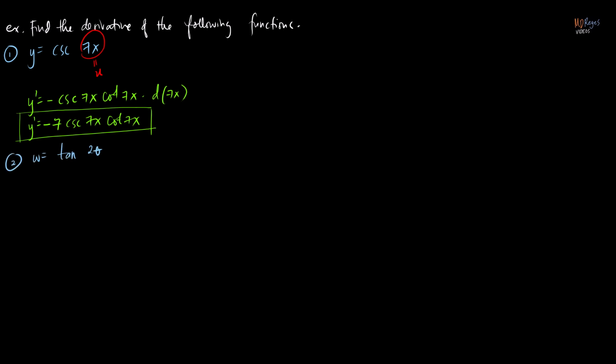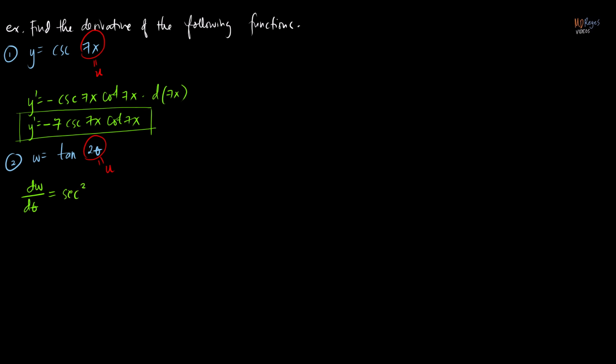If w is equal to tangent of 2 theta, you have to write the function in the form tangent of u. So in this case, let u be equal to the angle, and we'll get the derivative of w with respect to theta, because the independent variable is theta, is equal to, our formula is secant squared u times du.